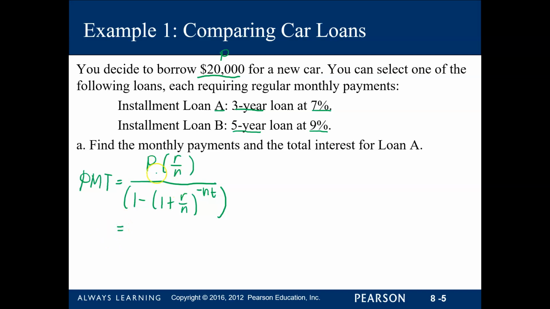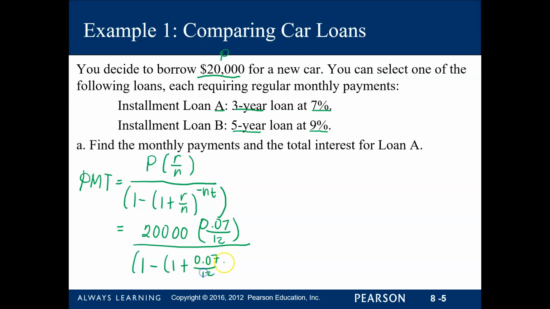So if we put in the values, our P is 20,000. Our R is 0.07 over 12, okay? And then we plug in at the denominator 1 minus 1 plus 0.07 over 12 raised to the negative 12 times the number of years for the loan, which is 3.